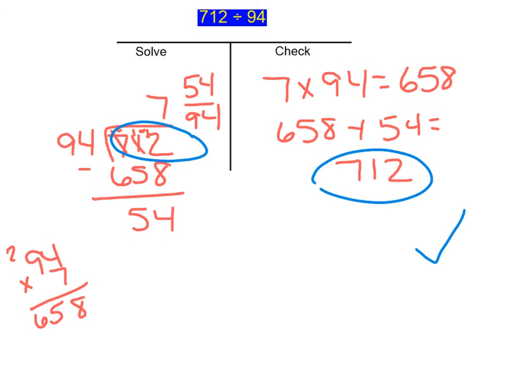The answer to this problem is 7 and 54 over 94.